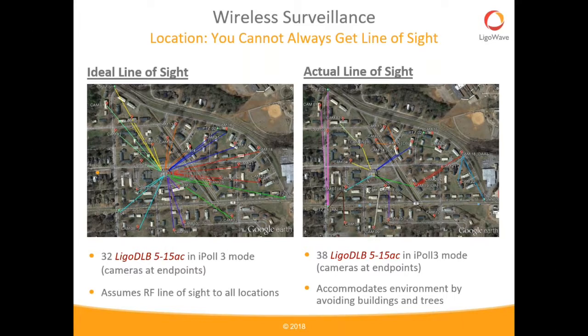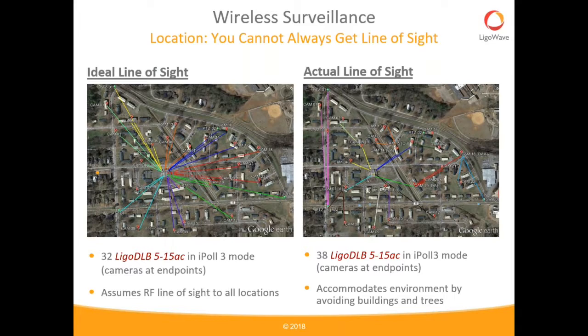But it assumes that I could actually have RF line of sight to all of those locations. The reality on the ground, though, was very different, because it turned out that the MDF was a 1-story building, and some of the surrounding residential buildings were actually 2-story buildings. So I can't just shoot through the buildings. We needed to pick paths that allowed us to go around the buildings or between the buildings or follow the roadways, so that we had clear line of sight to various locations.